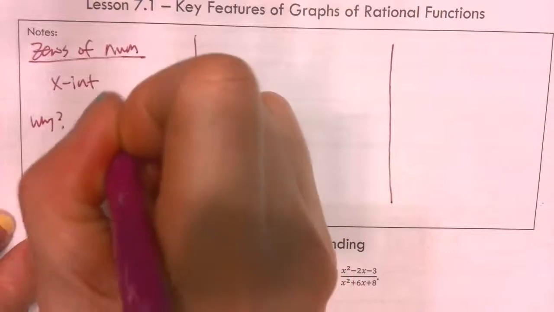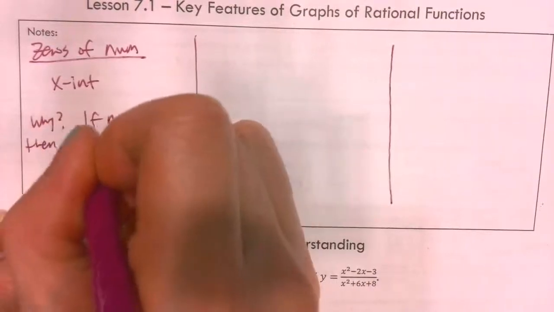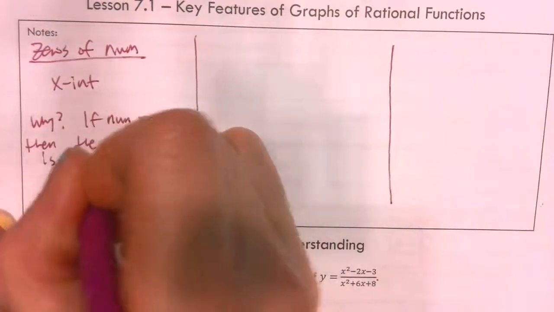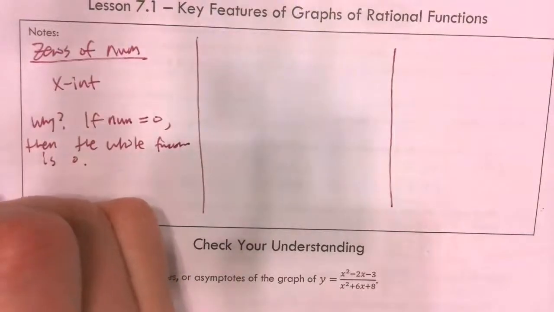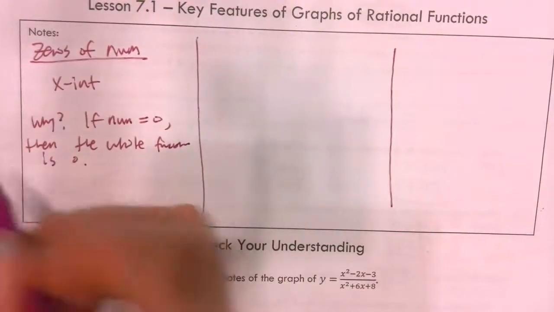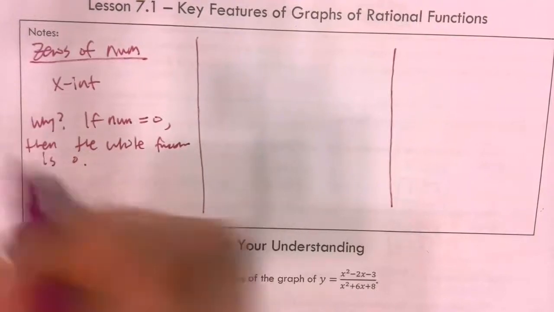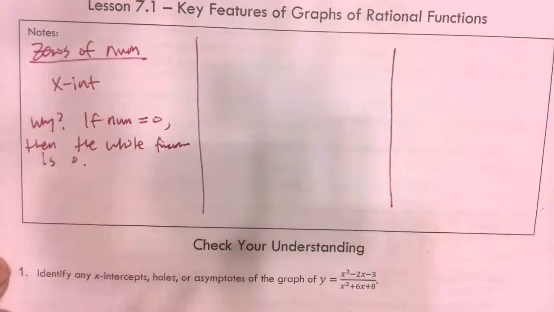Why would that be? Because if the numerator is equal to 0, then the whole function is 0. Folks, think about it. What is 0 divided by 4? 0. What's 0 divided by 5? 0. So when your numerator is equal to 0, the whole thing becomes 0. That's why it gives you the x-intercept.